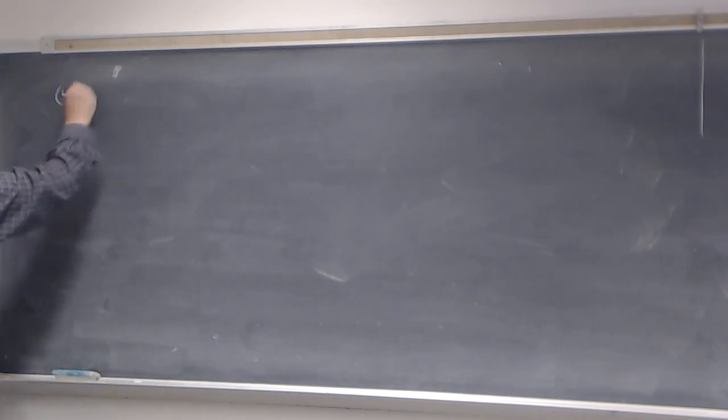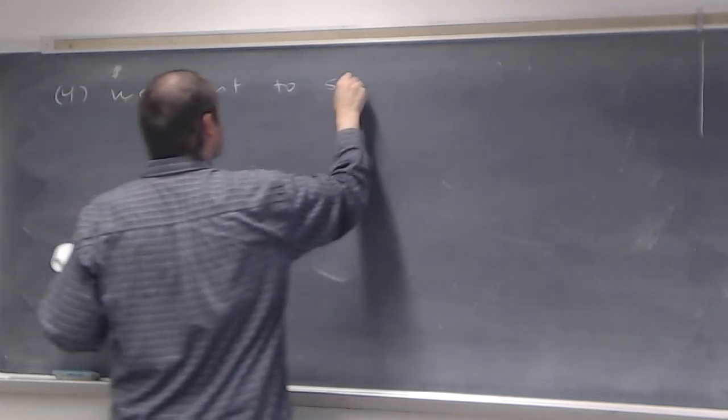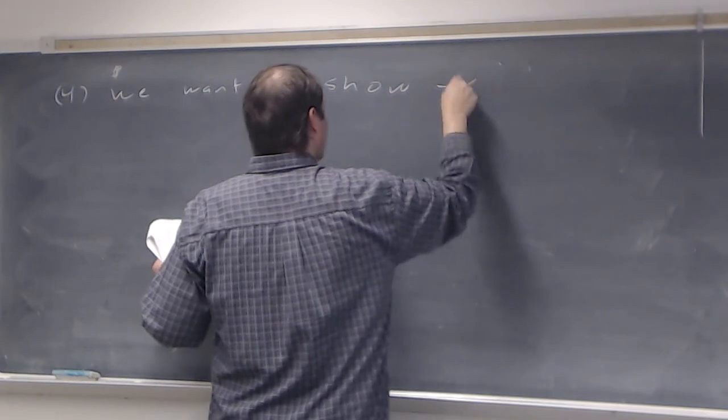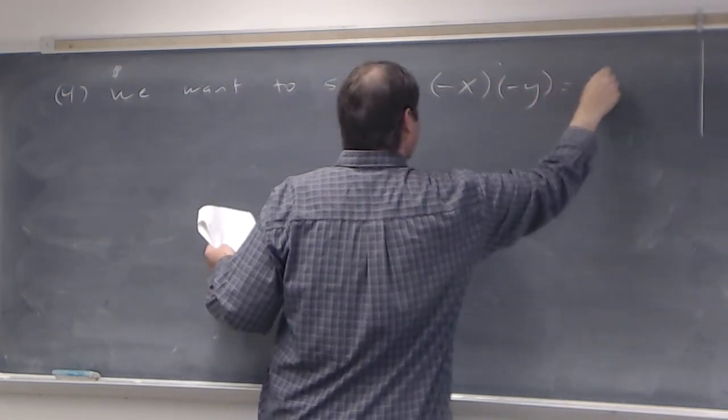So we still have one more part to show. So for part 4, we want to show that minus x times minus y is equal to x times y.